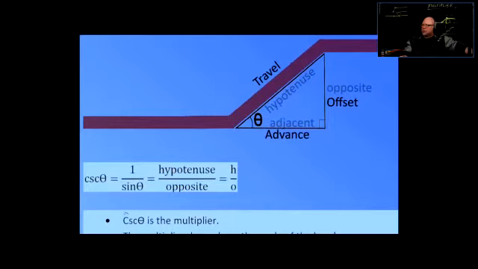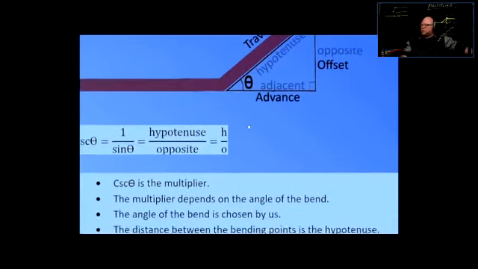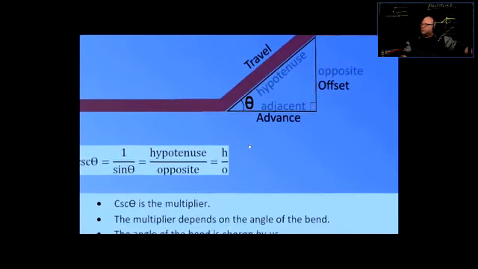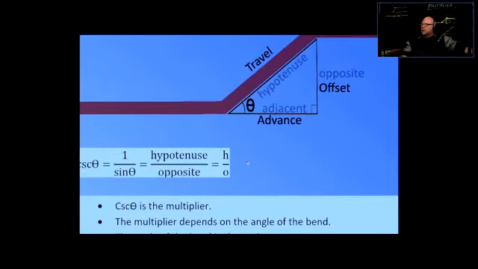So the cosecant is the multiplier. A multiplier is a number that we're going to use to our advantage. The multiplier depends on the angle of the bend.